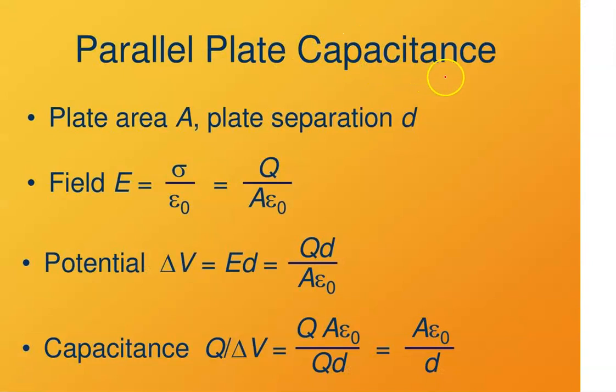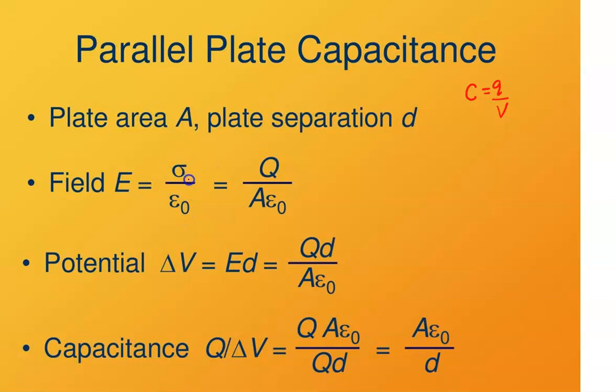As we want to find capacitance C, that is equal to Q upon V, we need to find the value of Q and V. Q is the charge, so basically our aim is to find V. To find V, firstly we will write the relation of electric field that we have already derived in Gauss theorem, that is, electric field due to two sheets is given as sigma upon epsilon naught.